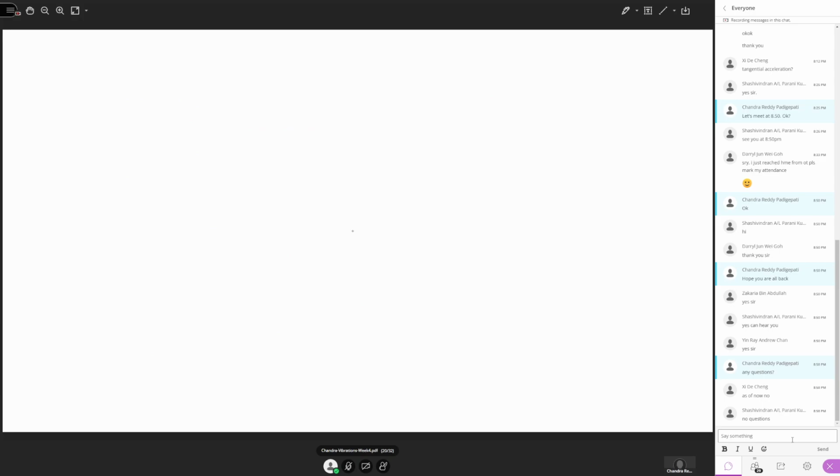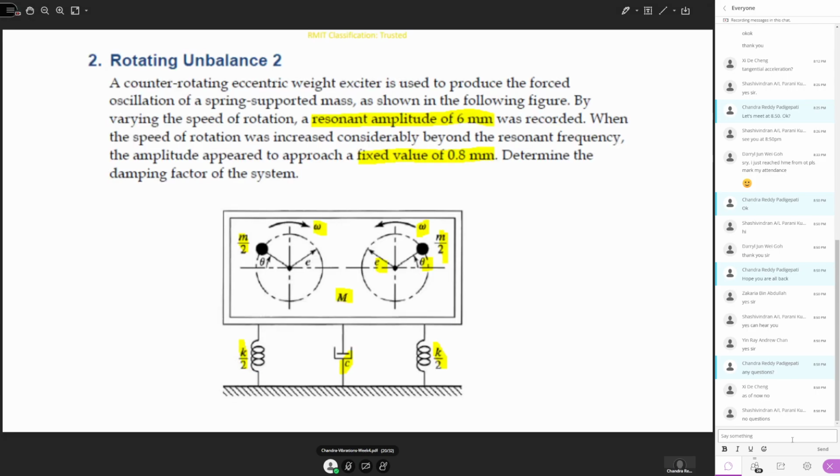Okay, then we look into another question. This is again another question related to rotating unbalance. Here a counter rotating eccentric weight exciter is used to produce the forced oscillation of a spring supported mass as shown here. By varying the speed of rotation, an amplitude of 6 mm was recorded.